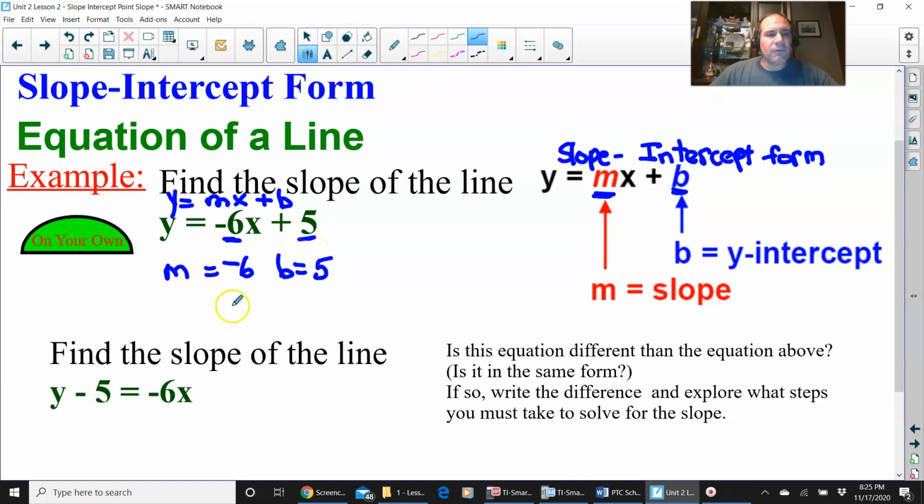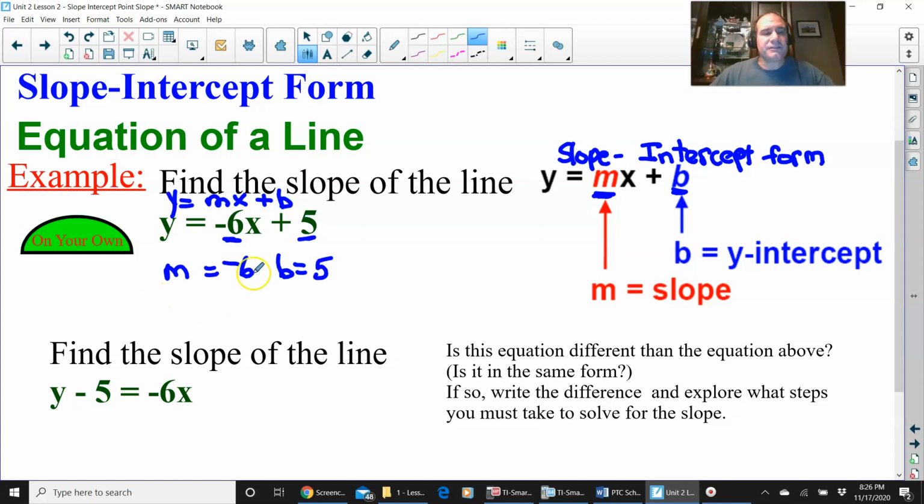So this line, y equals -6x plus 5, is in y equals mx plus b form, so you don't have to solve for y. And you know that the slope is the number that is next to the x, and then the other number is the y-intercept. And that is it.